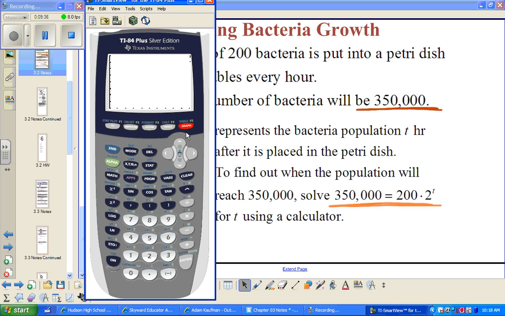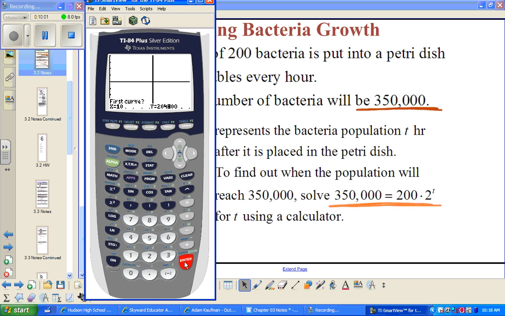If I look at my graph now, I'm hoping to see an intersection of a horizontal line and another line. Well, it looks like I've found an intersection there. I don't get a real good look at what the graph looks like, but I have the intersection on my graph. That's the whole point. Now I could use my calc feature. Number 5 says intersect.